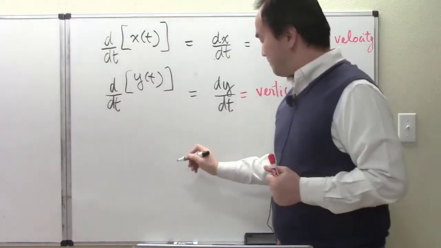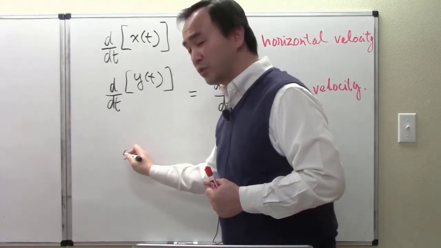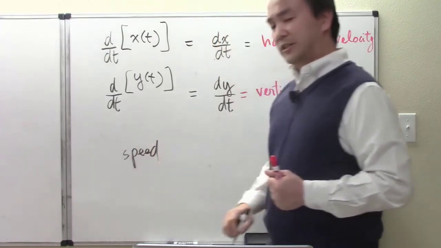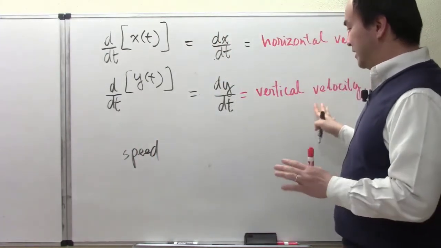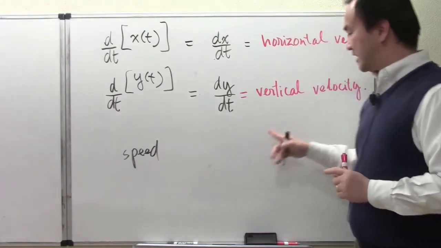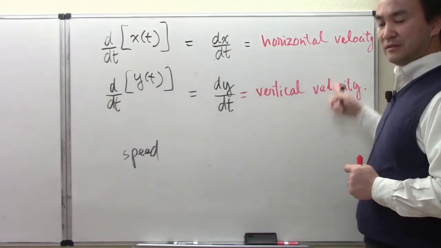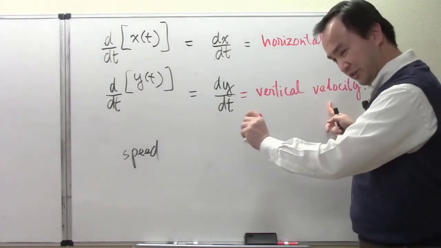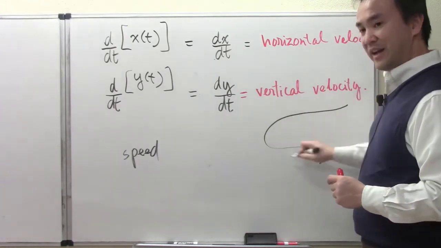But now there's a term that we have been introduced to since we were kids: speed. Speed is also how fast you go. But the major difference is that speed is completely without direction. So velocity is the speed but with direction. Either you go this way or you go that way, and how fast you go.